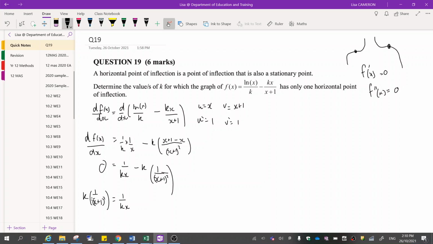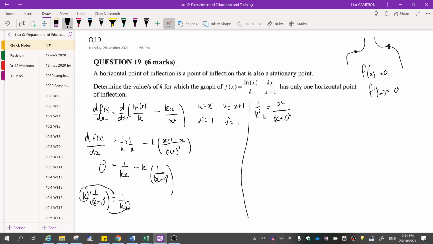Now I can take this k over here and this x over here. This k coming over here and dividing as well will give me 1 over k squared on the denominator, and then this x will come across and multiply. So it'll be equal to x over x plus 1 squared.